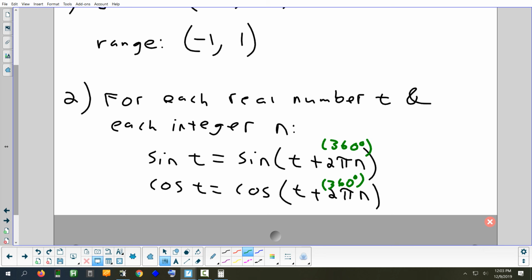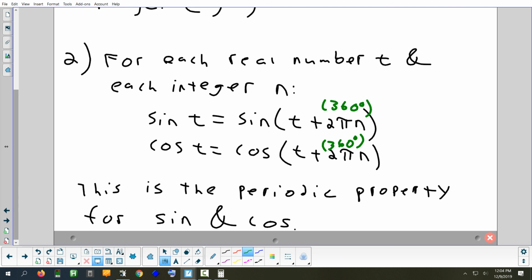That's what this is. So taking the cosine of 10 is the same as the cosine of 10 plus 360, same as the cosine of 10 plus 720, cosine 10 plus 360 times 3, plus 360 times 4. Doesn't matter how many times you add it. You'll always get the same answer. And that's called the periodic property of sine and cosine.